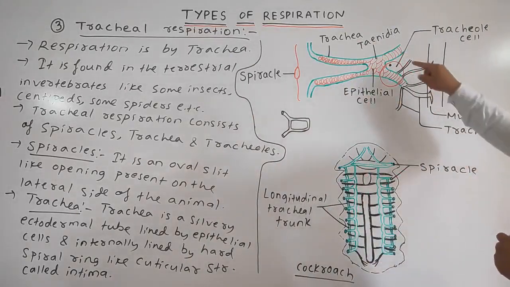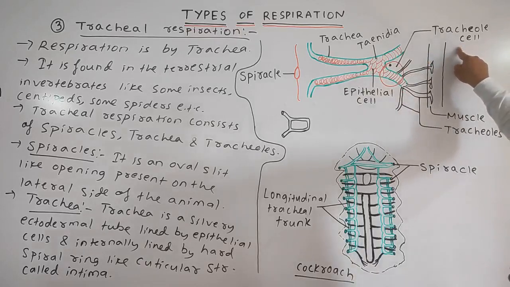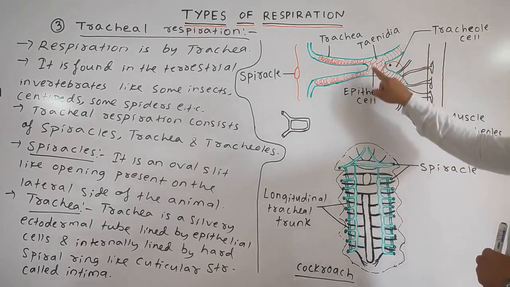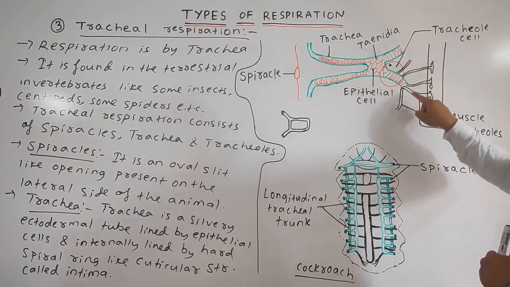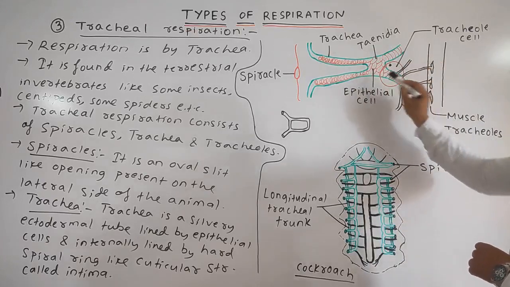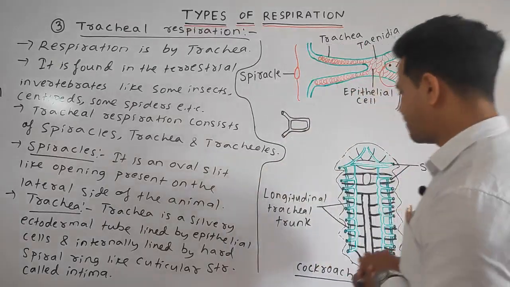You can see the tracheal cell is present at the junction between the trachea and the tracheoles, which helps in carrying out the process of respiration.